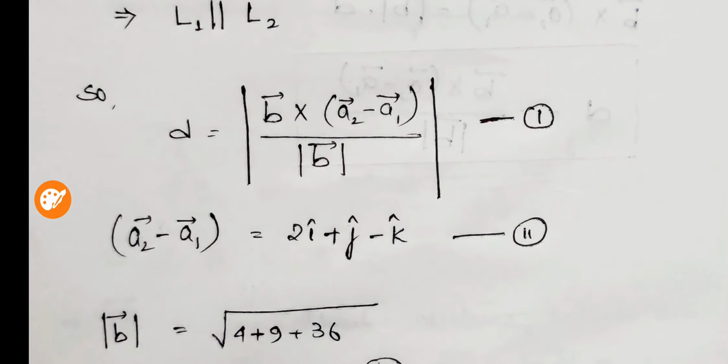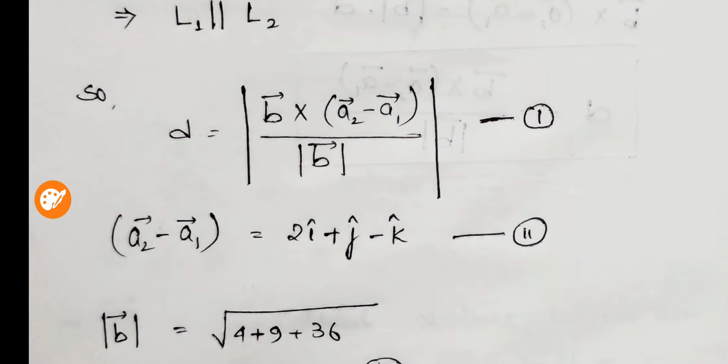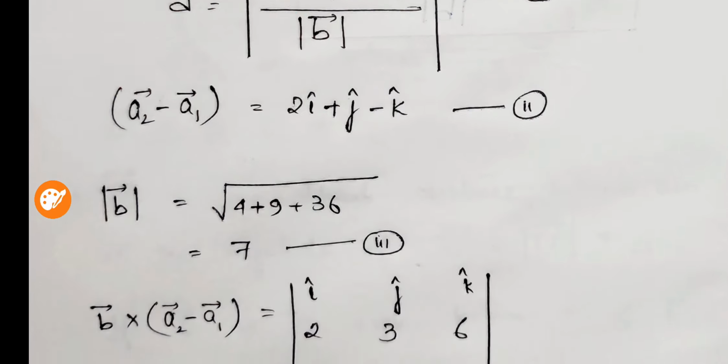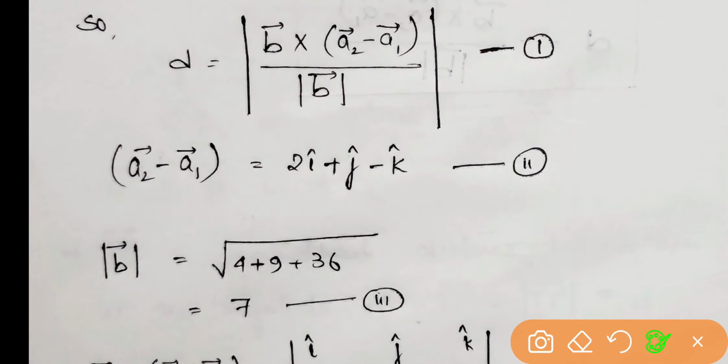Now for parallel we have a formula. Don't confuse with this cross. You know how crosses come, and for two skew lines, it is dot. So don't confuse. We need to find A2 minus A1 as usual. You know how to find that, and then you find B vector, magnitude of B vector, which is easy to find.